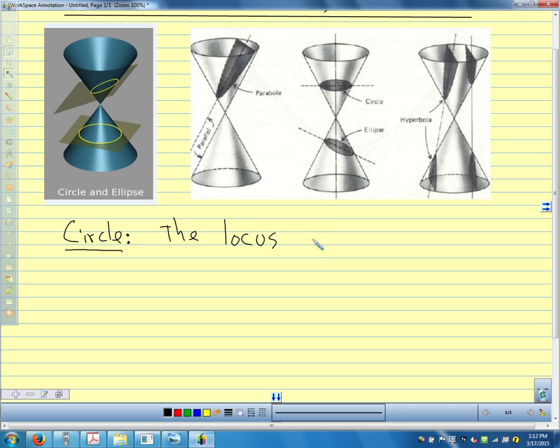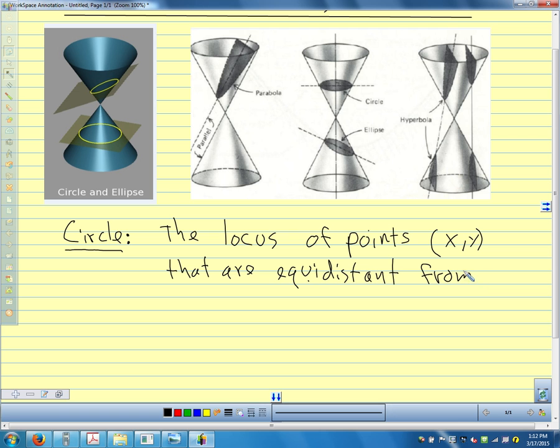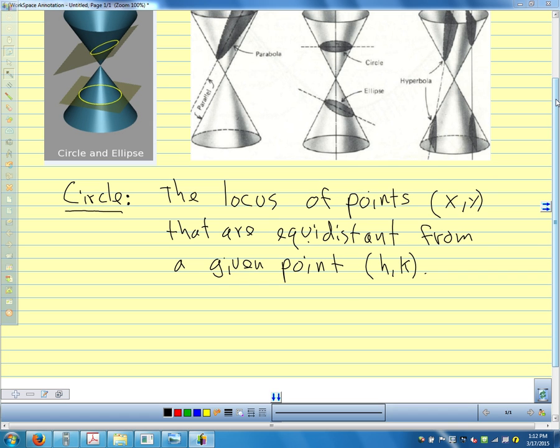So the locus of points (x, y) that are equidistant from some given point (h, k). So that's how we're going to define a circle. Locus just means a set of points that have some kind of property.